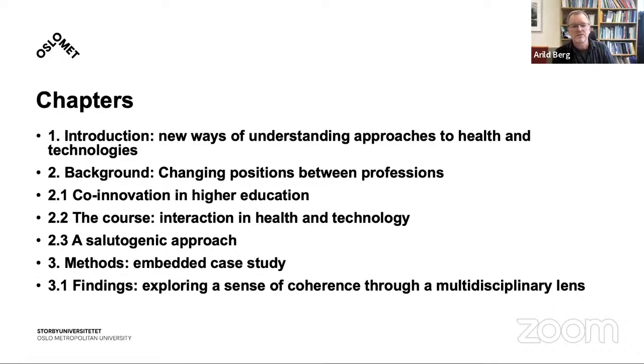There is such a change in positions between different professions, but also internally within the health system, there are changes of professions, shown in a study about the coordination between health service professions. The study showed that it's not the conflict between understandings that is the main challenge for the interaction, but the lack of such a conflict.